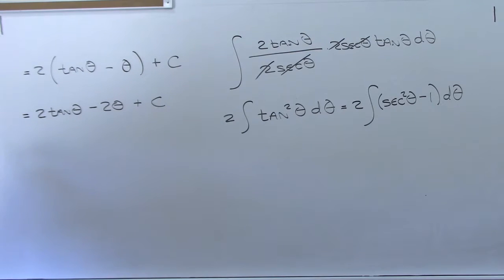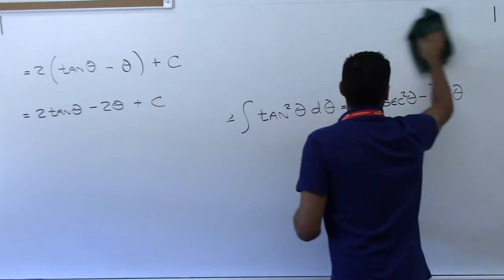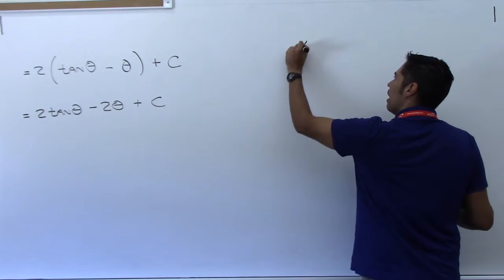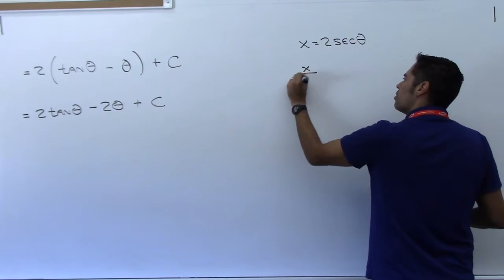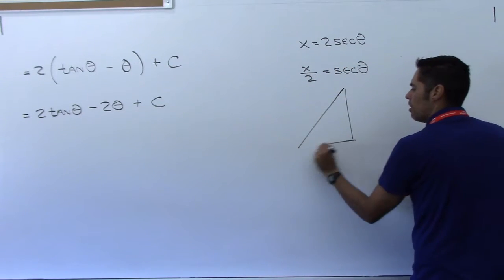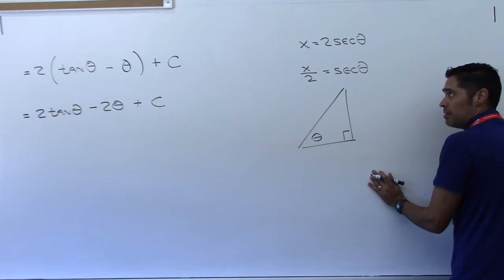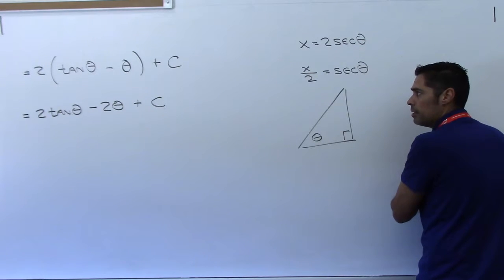Reference triangle, I don't even know if I'll need it. I'm going to draw it anyway. So the information that I had was that x was 2 secant theta, which meant that x over 2 was secant theta, which meant if I draw a triangle, secant is the reciprocal of cosine, isn't it? So what side is which here?